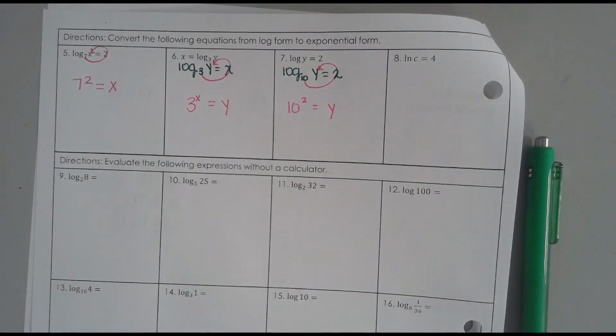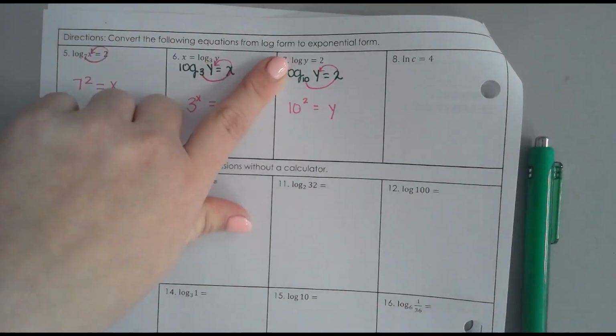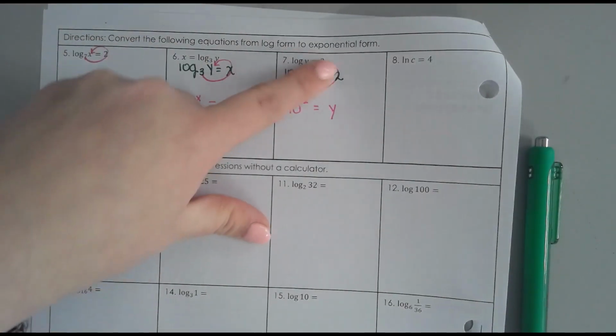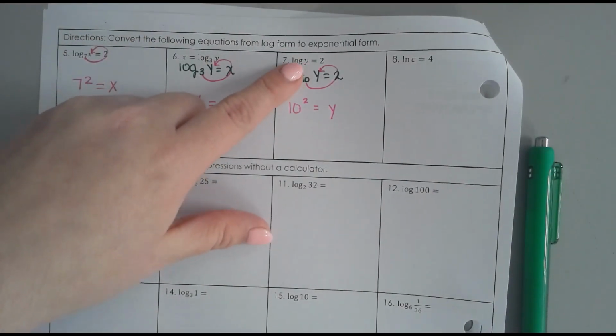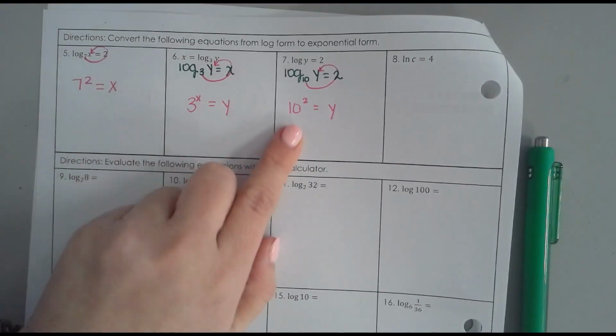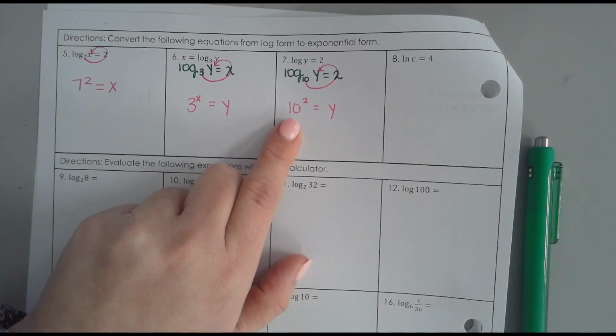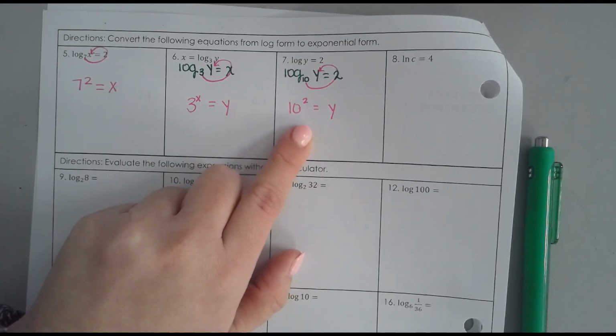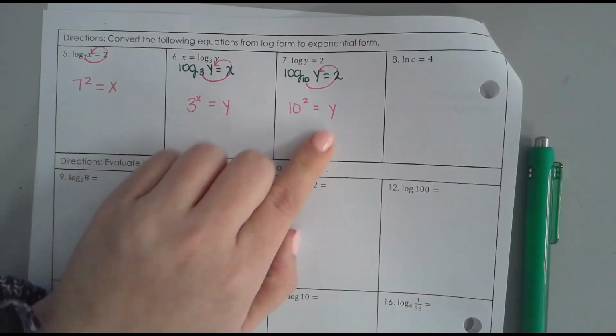So I might give you number 7 and say, what is y? Well, in that form, you can't solve that. But if you convert it to exponential, what is y? Which is 100. So you could solve that for y if you converted it.